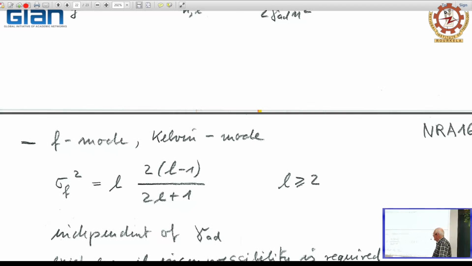Well, for L equals 0, sigma_f is 0. It does not exist for spherically symmetric perturbations. It's also 0 for L equals 1. So for L equals 0 and L equals 1, this f mode does not exist. It's only present for L bigger or equal than 2.